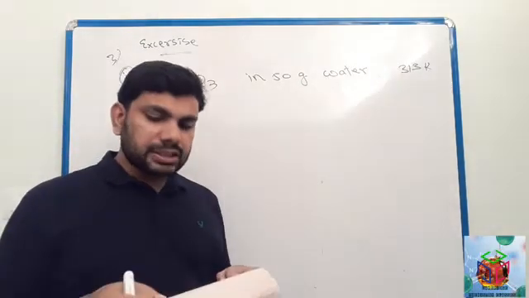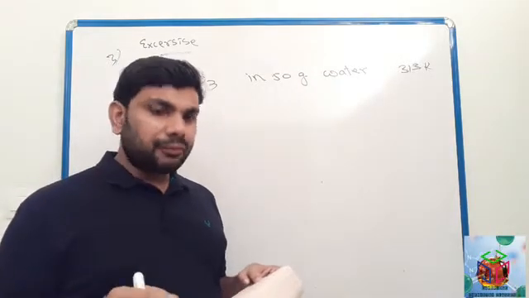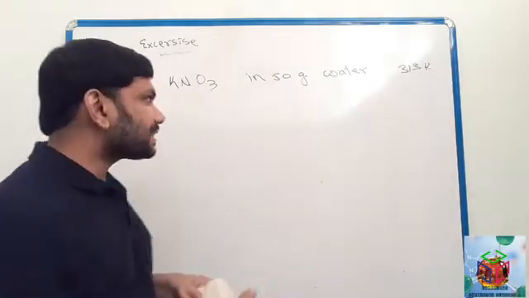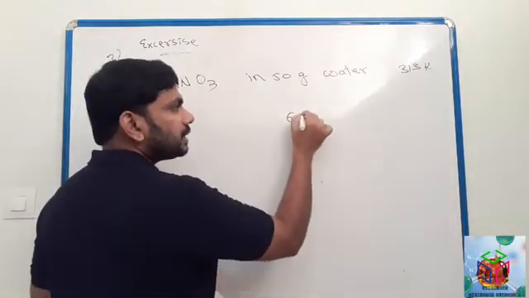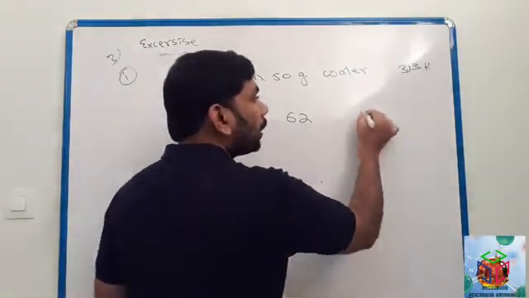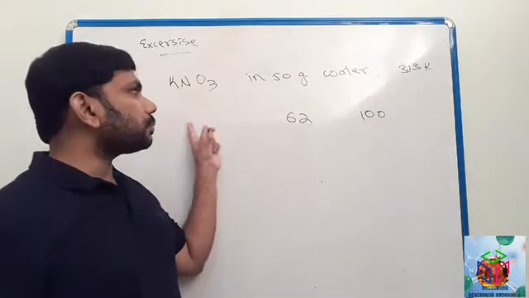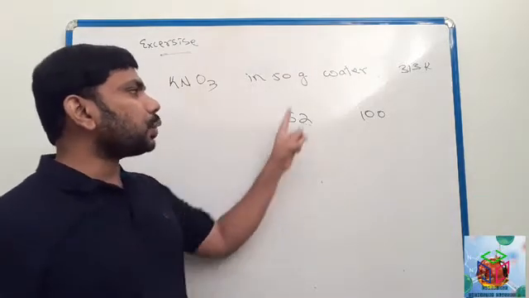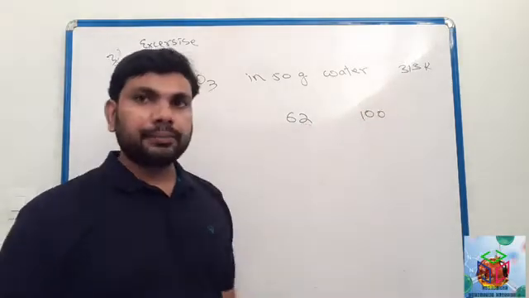In the table it is given that at 313 Kelvin we have to add 62 gram. In the table you can see 62 gram potassium nitrate added to 100 gram of water at 313 Kelvin.